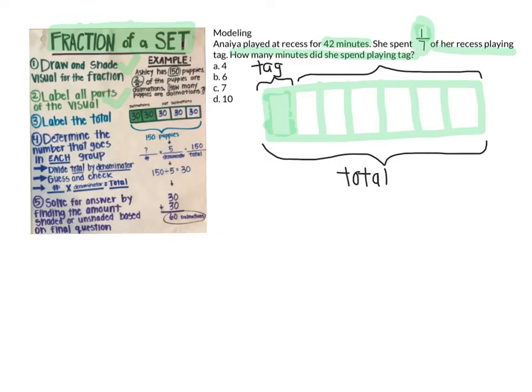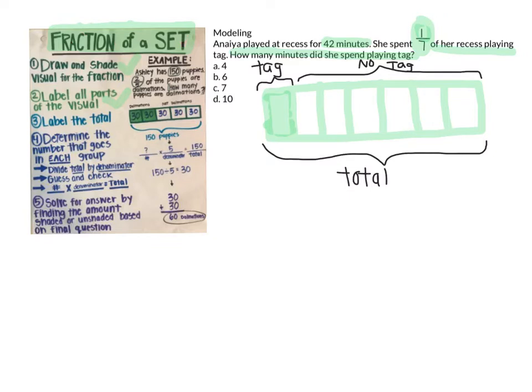Now the rest of these pieces are just time that she wasn't playing tag. So I'm just going to write no tag. Now we have our total time split into 2 different sections: time that she spent playing tag and time that she was not playing tag.